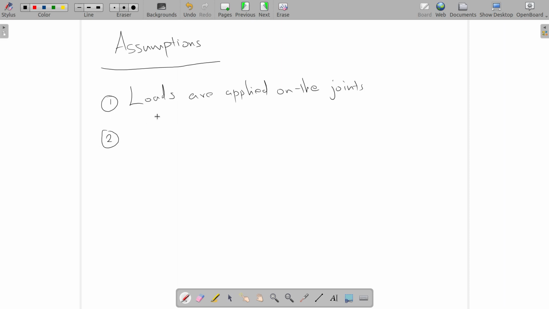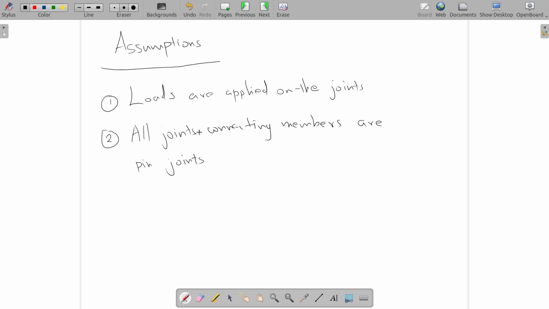Assumption number 1 is that loads are always applied on the joints. The second assumption is that all joints connecting members are pin joints.